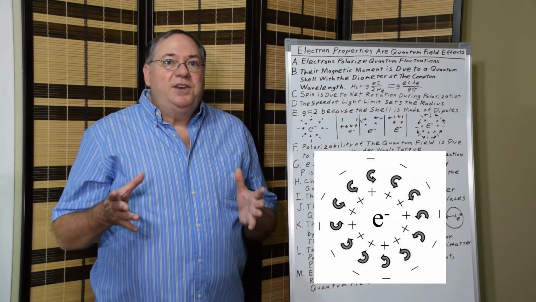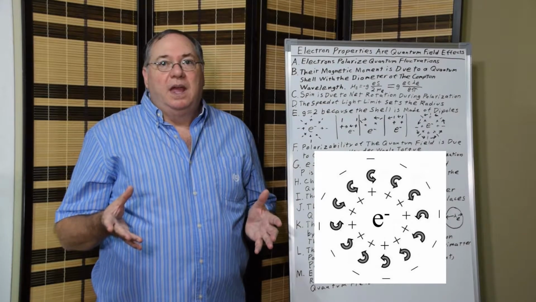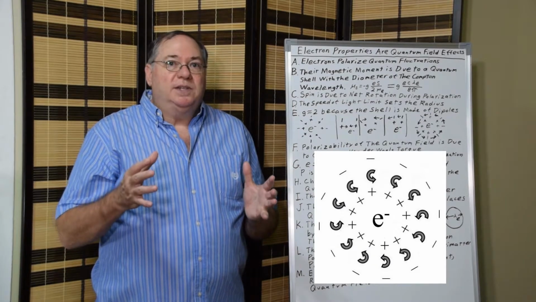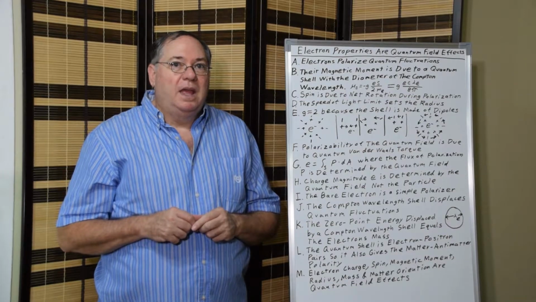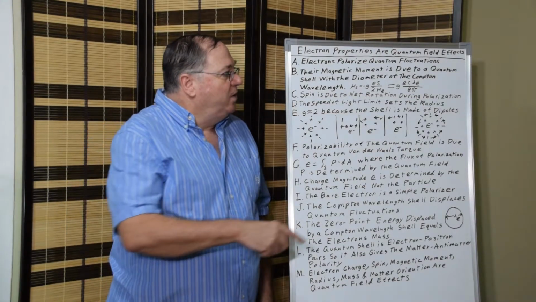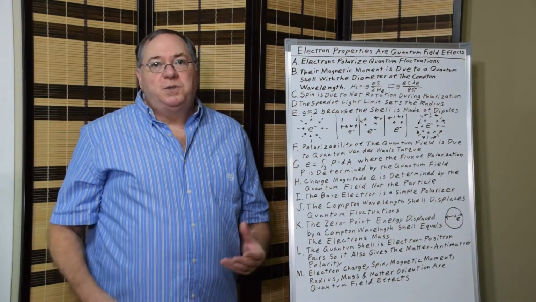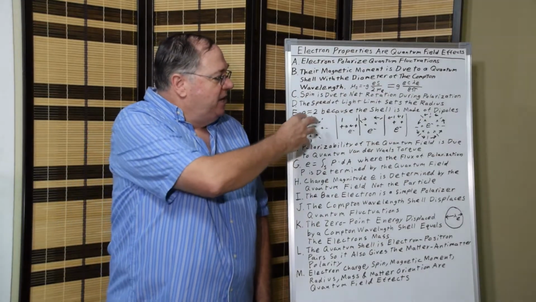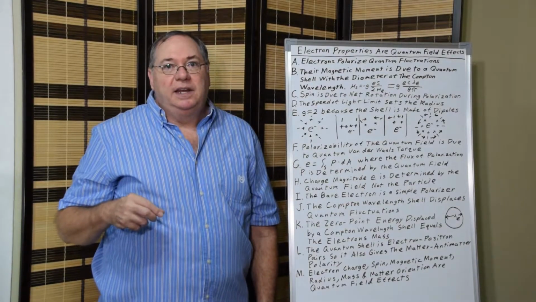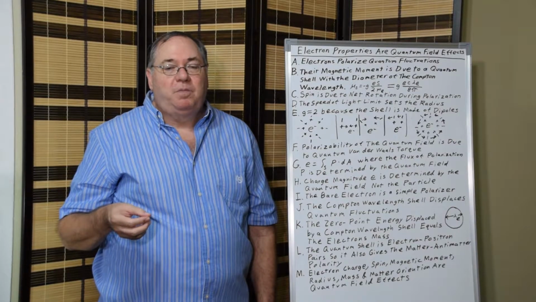So the polarization causes rotation. And it causes an organized rotation around the electron. So that creates spin. So spin is a natural process of the rotation that occurs due to the polarization of the quantum dipoles.